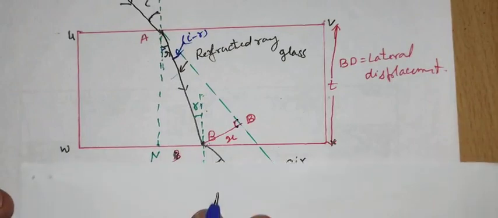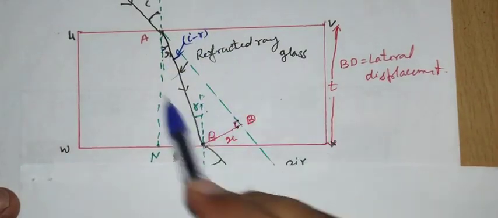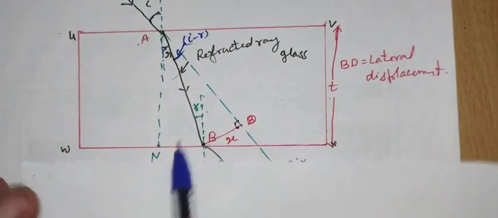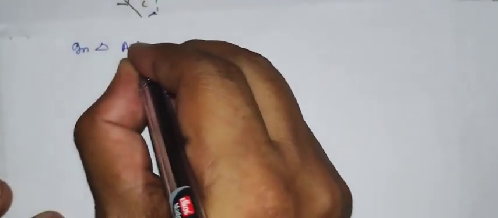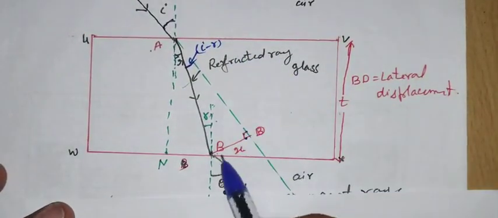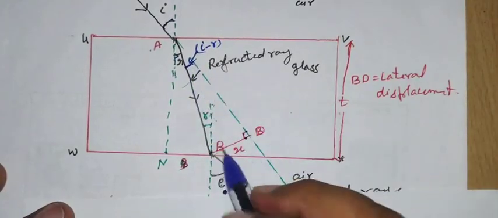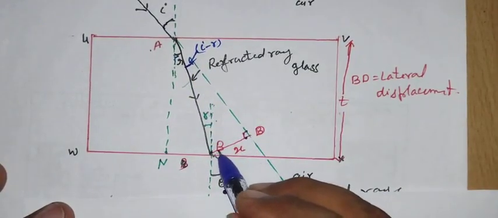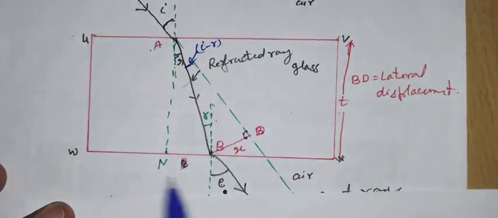We are going to take the right angle triangle ABD. In triangle ABD, see carefully, this is angle I. We are going to see the relation between BD and AB.